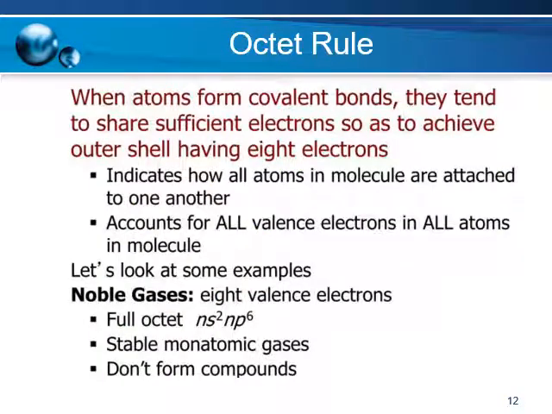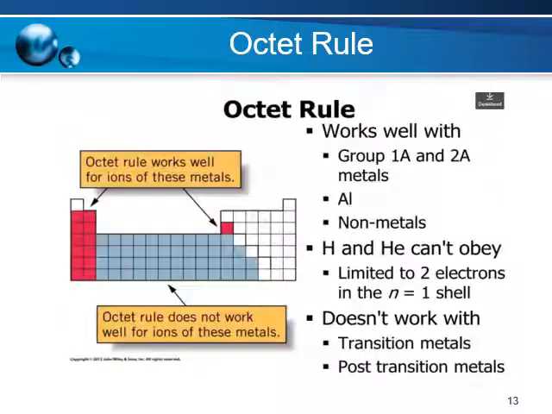When atoms form covalent bonds, they tend to share sufficient electrons to achieve an outer shell having 8 electrons. This indicates that all atoms in the molecule are attached to one another. For example, noble gases like a full octet, s2 and p6, which has 8 electrons. They are stable monoatomic gases. This is the octet rule. It works well with group 1 and group 2, with aluminium, or with non-metals.